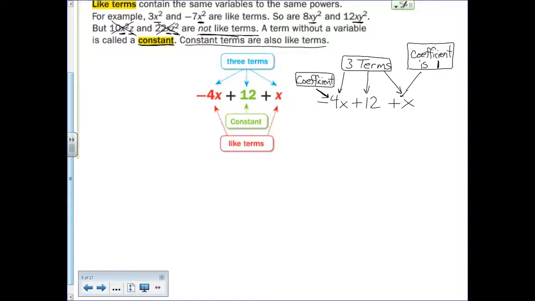When a variable is by itself, it has a coefficient of 1. 12 is a constant because it has no variable. And these two terms are like terms.